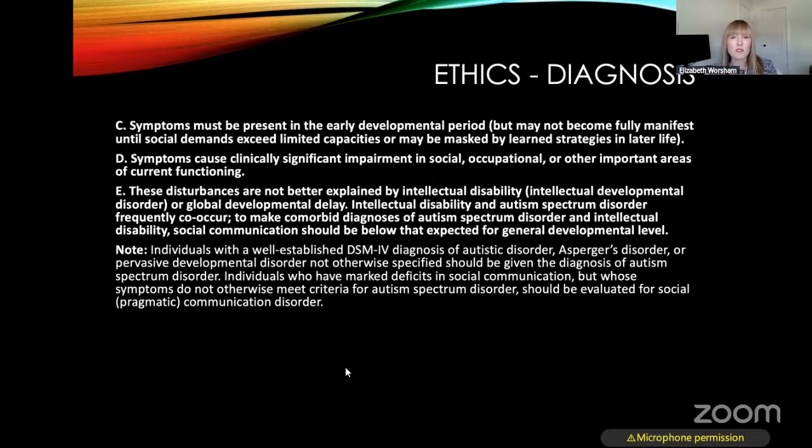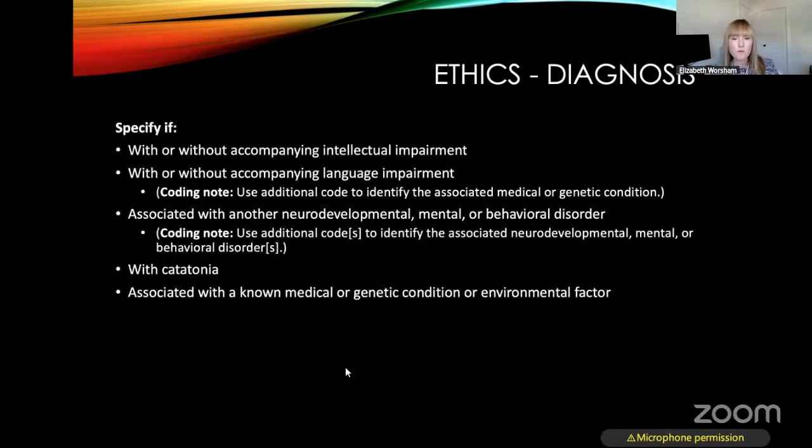They must cause clinically significant impairment or distress in multiple areas of life. And these aren't better explained by perhaps another medical diagnosis or challenge. And another note is that we can specify that it's associated with a known genetic condition or environmental factor. In this specific population, this would be Witte-Sutton.